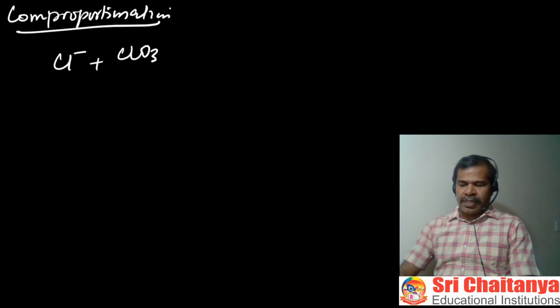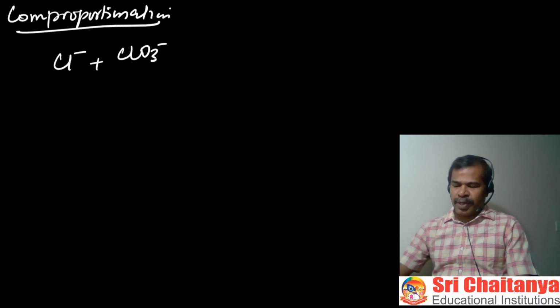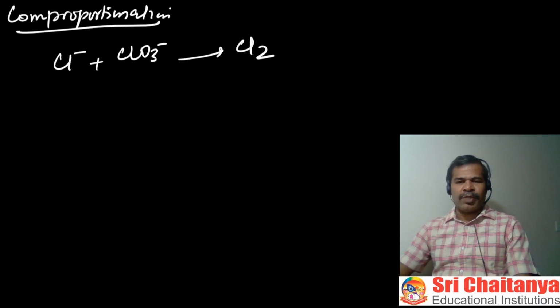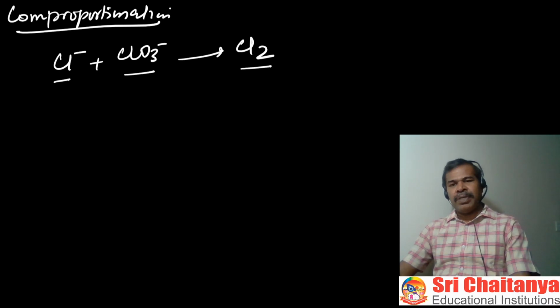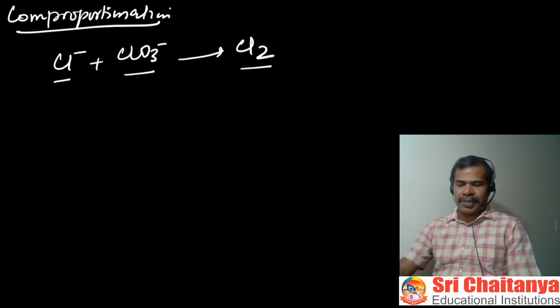The other type we want to concentrate on is comproportionation. What is comproportionation? Think of the reverse. That is, Cl- and ClO3- getting together to form Cl2 under suitable conditions is comproportionation.